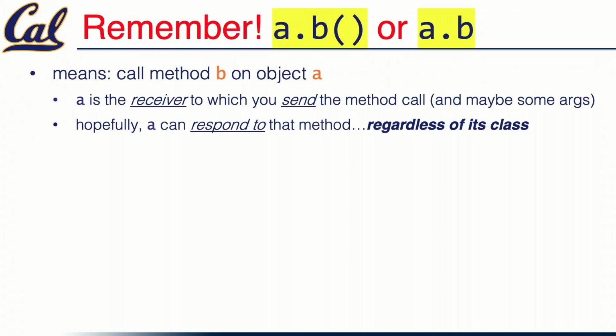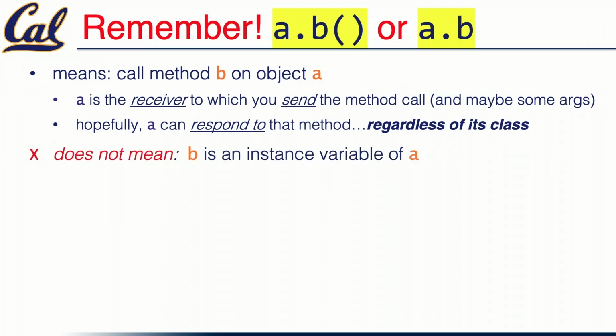It doesn't matter if you say a.b what the class of a is. Ruby doesn't care. It just cares whether a is an instance of something that can respond to, meaning that it implements, the b method. So that's why, 1 plus "A" or adding arrays together, it doesn't matter what the class of the receiver is. All that matters is if the receiver can respond to or implement that operation.